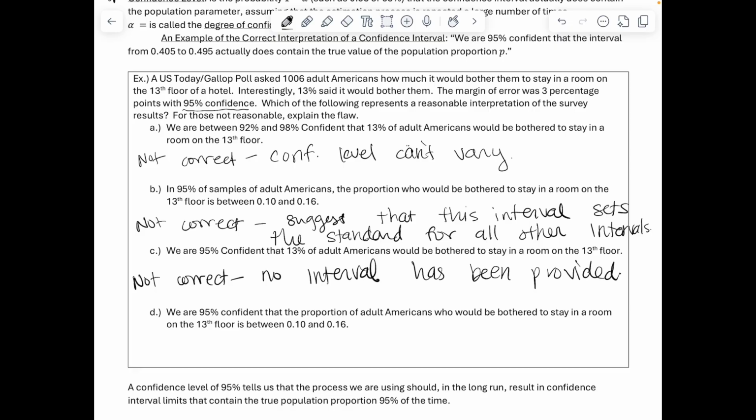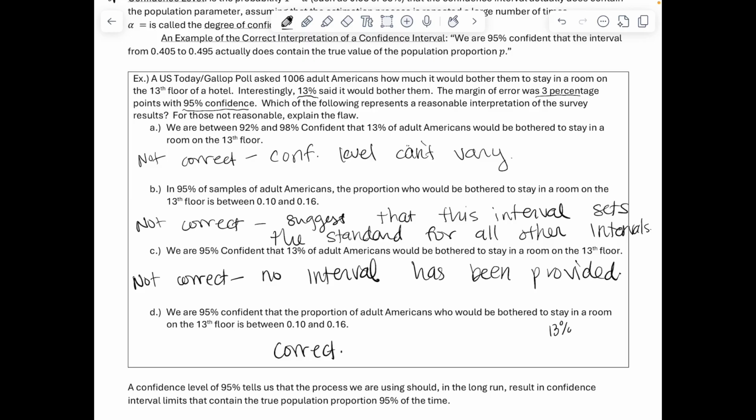Part D says we are 95% confident that the proportion of adult Americans who would be bothered to stay in a room on the 13th floor is between 0.10 and 0.16, and this is correct. Looking at those numbers, 13% said it would bother them to stay there, and we have a margin of error of 3 percentage points.